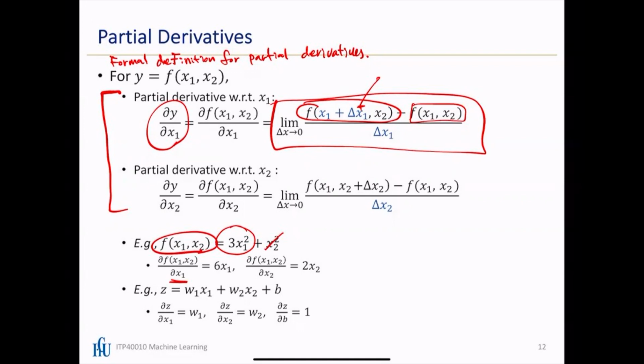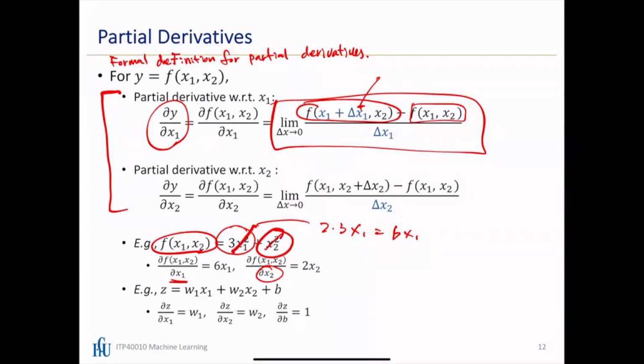So you're going to multiply 3 and 2. That is 6x1. And if you take the derivative with respect to x2, then vice versa. You're taking the first term as the constant, and you're only considering the second term. And it's a power of 2, so basically 2 multiplied by x2.